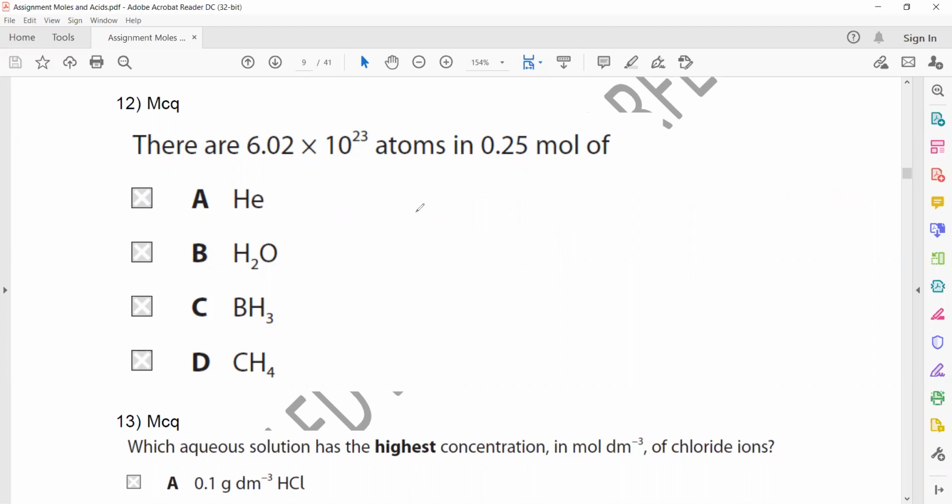About water, we know 1 mole of water has 6.02 into 10 to the power 23 molecules, because water exists as molecules.